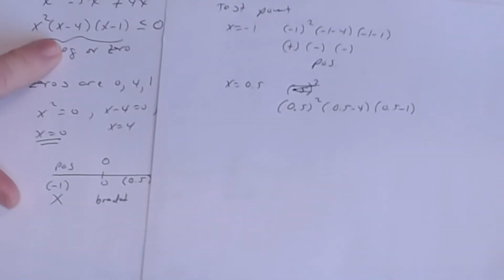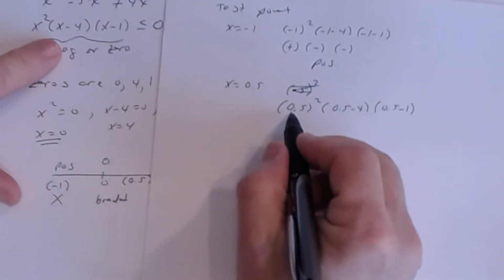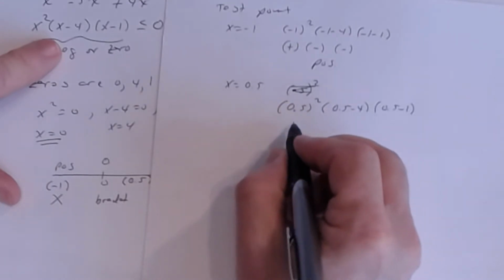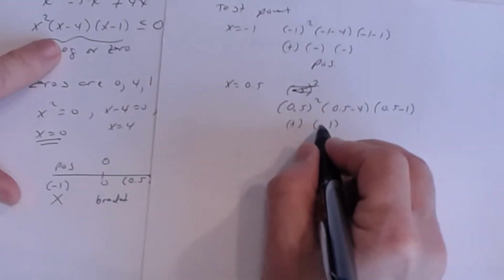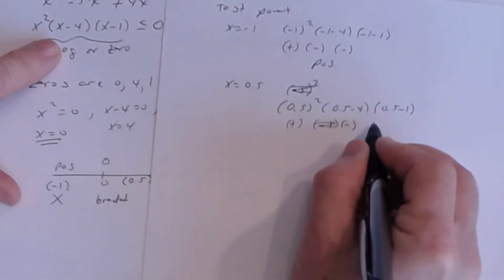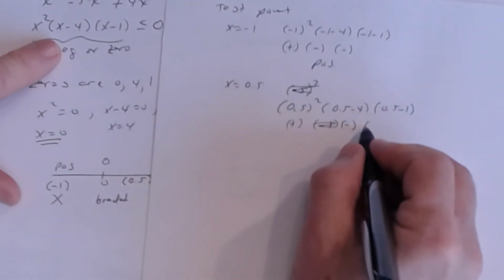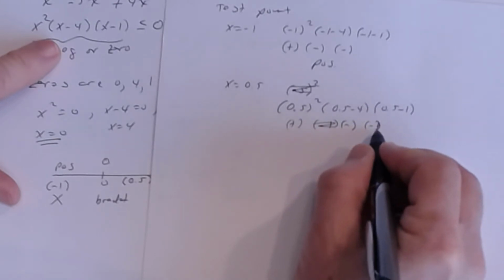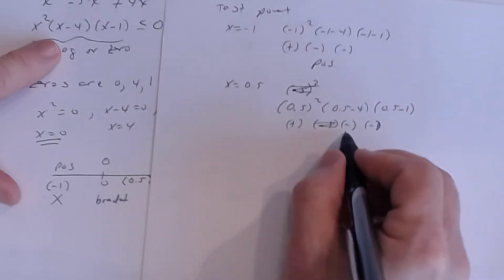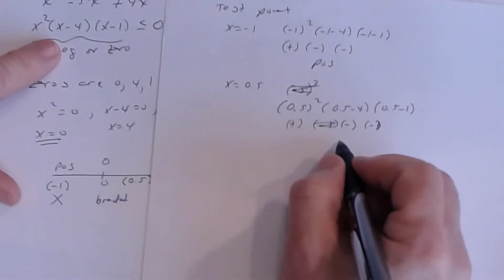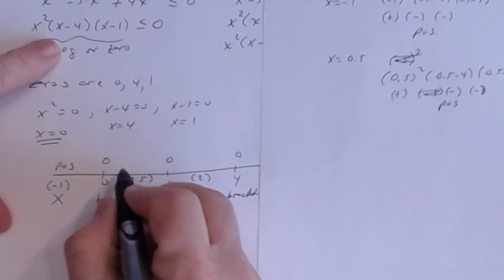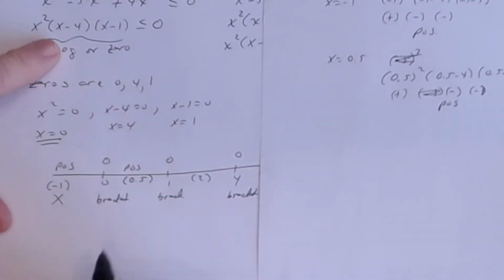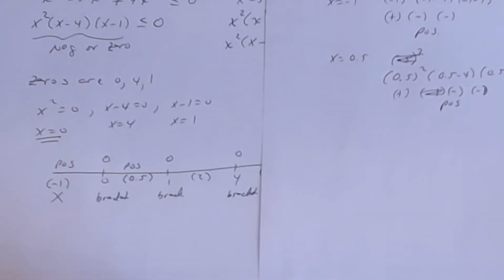A positive number squared is still positive. 0.5 minus 4 is a negative number, and 0.5 minus 1 is also a negative number. So a positive times a negative is a negative, and a negative times a negative is a positive. So that's positive as well. Remember, not all of them will alternate.